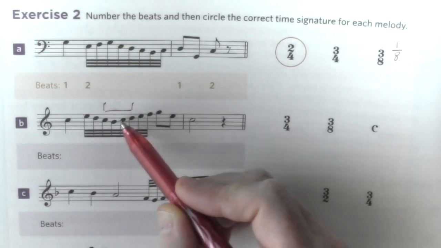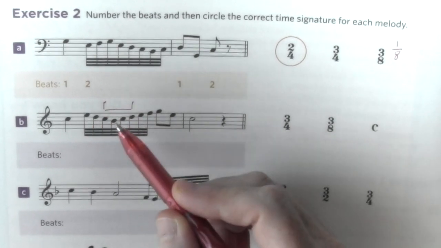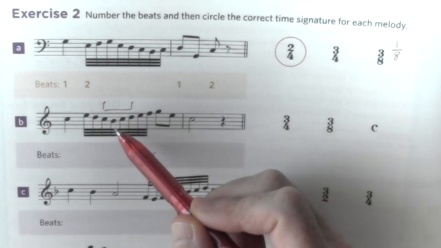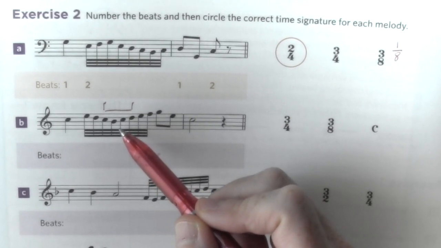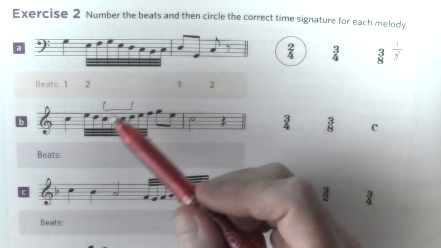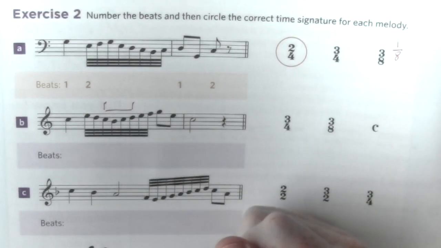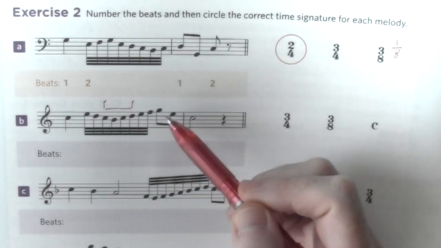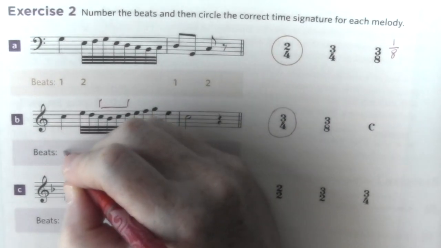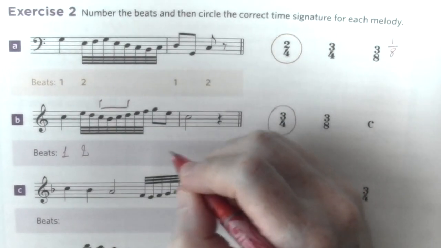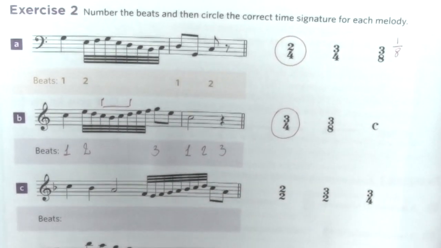So we have 1, 2, 3, and 4 semiquavers. 4 semiquavers are equal to 2 quavers, the half, okay? And 2 quavers are equal to 1 crotchet. So we have 1, 2, and 3 crotchets. So 3/4. 1, 2, and 3.